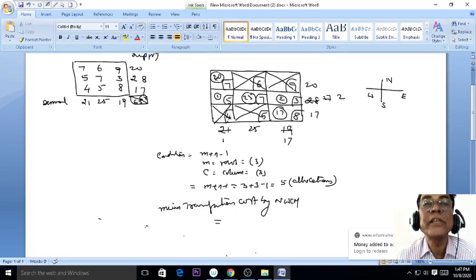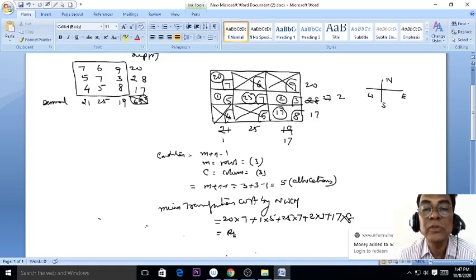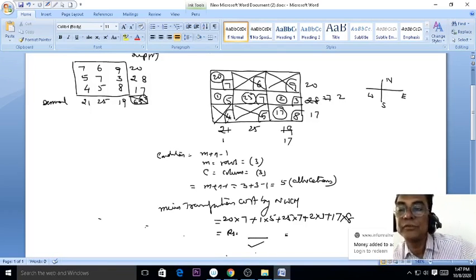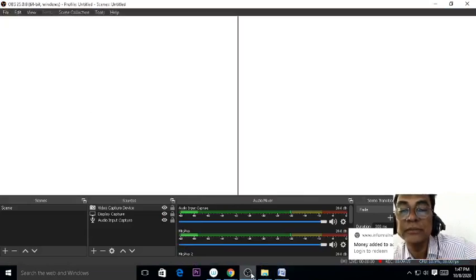This allocation into cost, like this: 20 into 7 plus 1 into 5 plus 25 into 7 plus 2 into 3 plus 17 into 8. So multiply here, you will get the answer. That's all. Okay. Tomorrow I'll explain the answer.